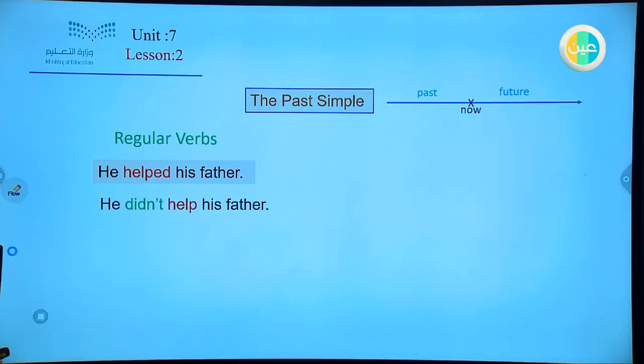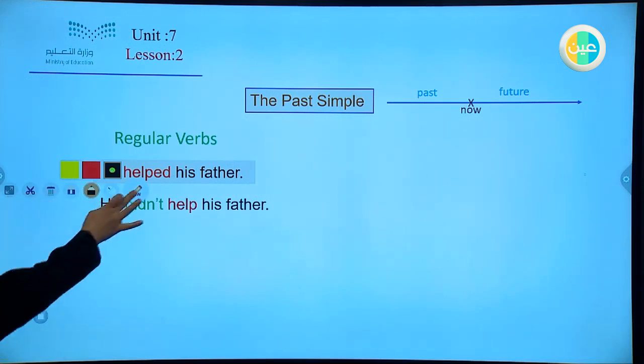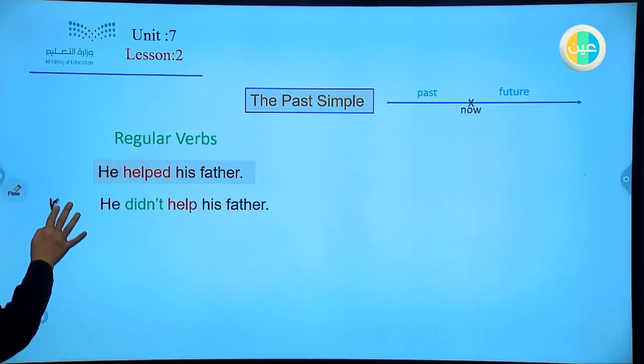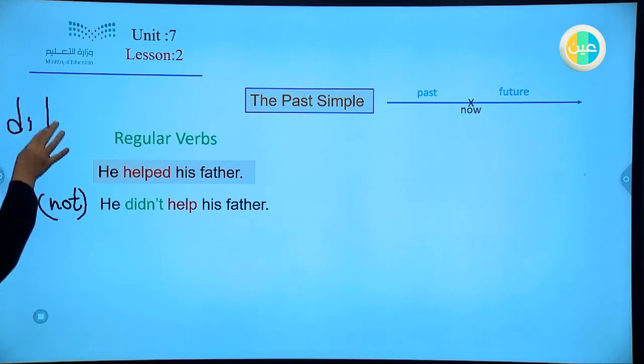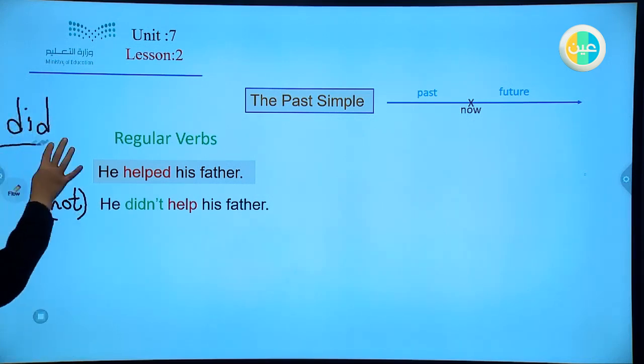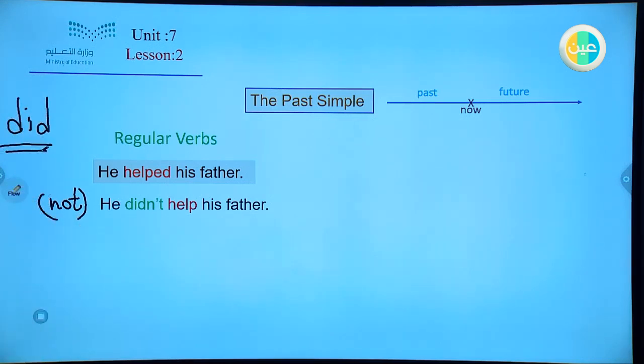He helped his father. Okay, would you please give me the negative of this sentence? What do I mean by negative? When we add not to the sentence. So, I use the auxiliary did. We use the auxiliary did if we want to give a negative or ask questions.